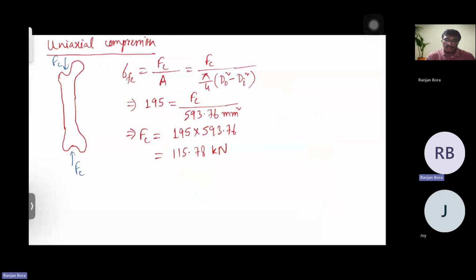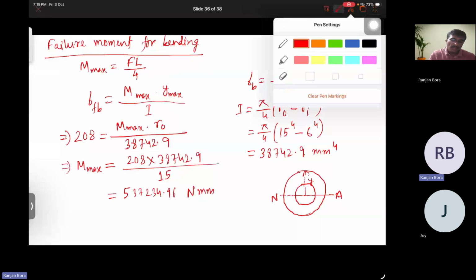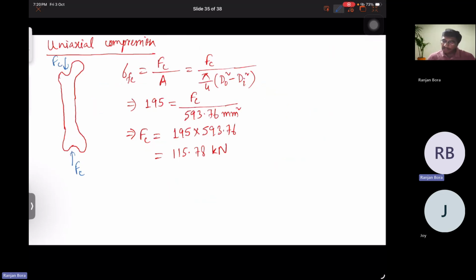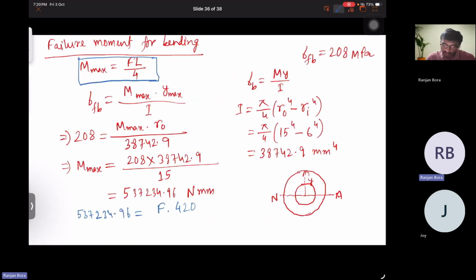Now using this equation, M max equal to FL divided by 4, we can calculate the value of the force F. Here we can use 537234.6 equal to F dot L. L is given 42 centimeter, so L is 420 millimeter, divided by 4.